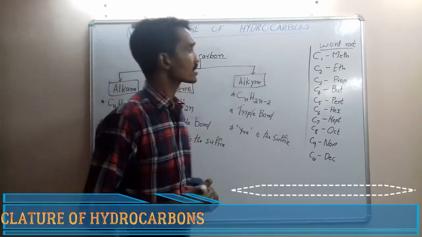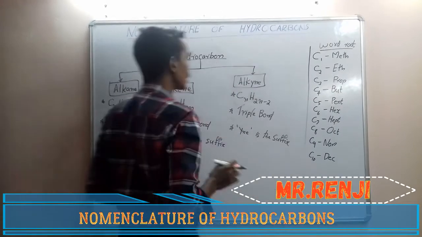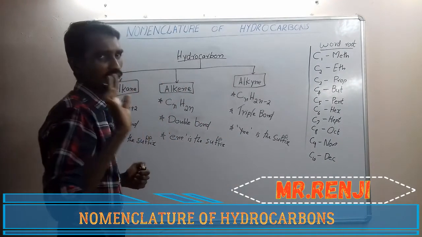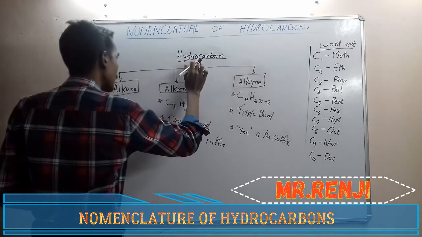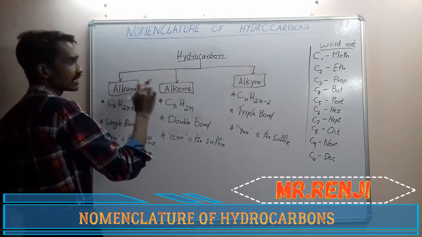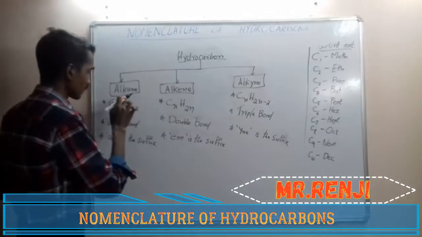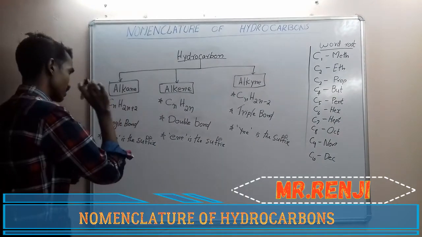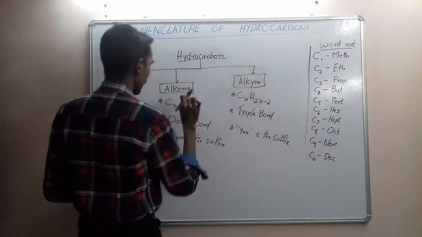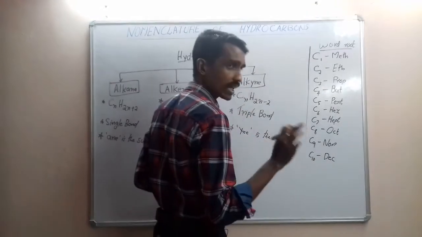Okay, next is nomenclature of hydrocarbons. Hydrocarbons mean only hydrogen and carbon are present. A hydrocarbon is again classified into alkane, alkene, alkyne. Pronunciation: you must pronounce alkane, A-N-E, alkene, E-N-E, alkyne, Y-N-E.